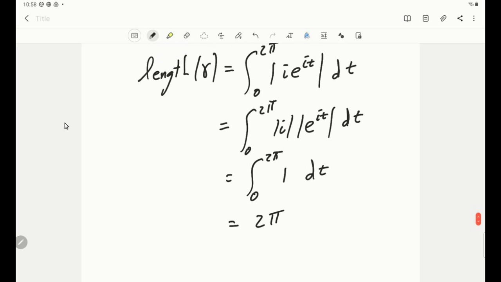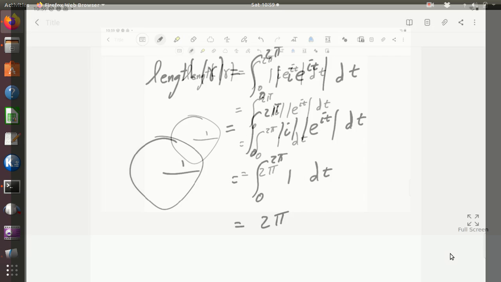This was a circle of radius 1, 2 pi r gives the circumference, and we have 2 pi. All right, that finishes up section 4.1, and so we'll stop there.